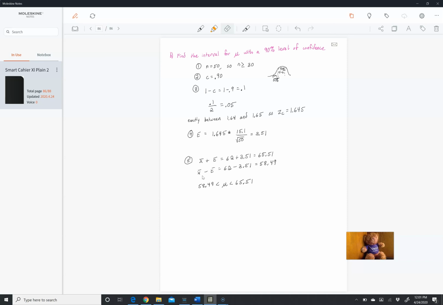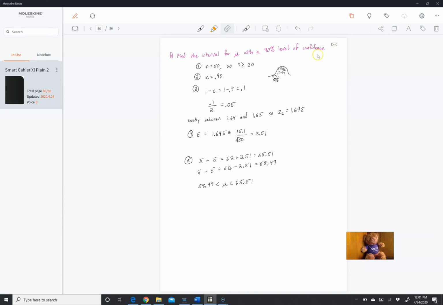I'm almost 100% sure that it falls between 20 and 100, okay? The bigger the interval, the more sure that we are that it falls within that interval. So as our level of confidence increases, our interval is going to increase.